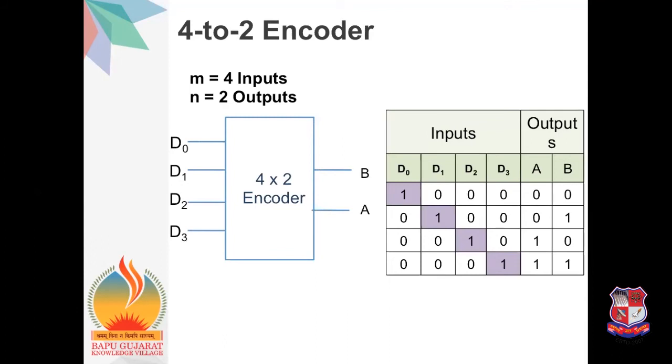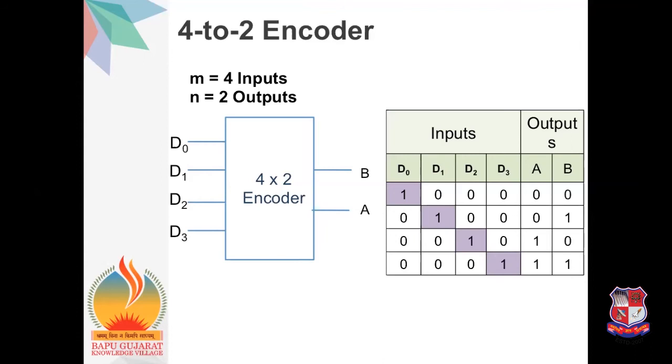Whenever the D0 input is high, at that time the output A and B value is 0, 0. It indicates the equivalent decimal 0. Whenever D1 is activated, the equivalent decimal of the output is 1. Whenever D2 is activated, the output AB is 1, 0.